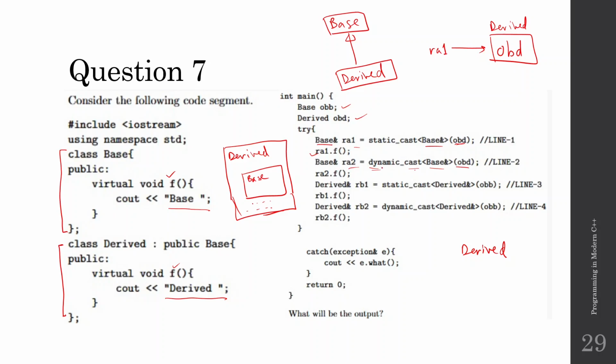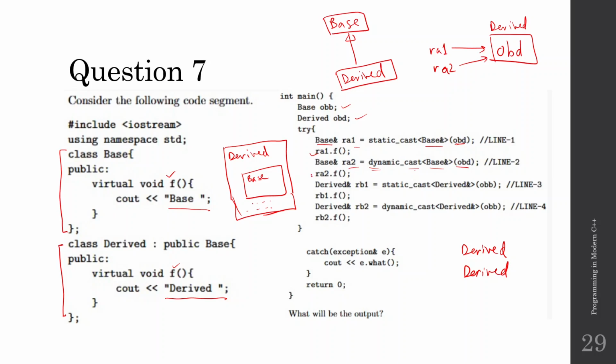So dynamic cast won't cause any problems. It will give the same result. Now once we get this array2 variable, since array2 will be pointing to the same object, and since f is a virtual function, for the second case also the output will be derived.